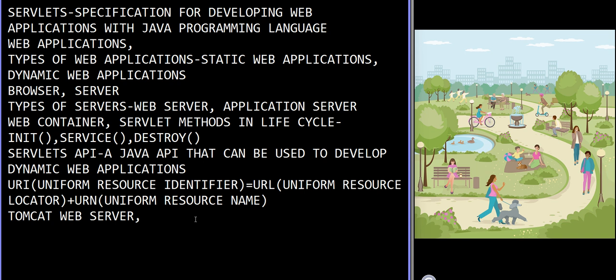After the Tomcat web server, we have annotations in servlets. Annotations are nothing but keywords, like the URL mapping one.